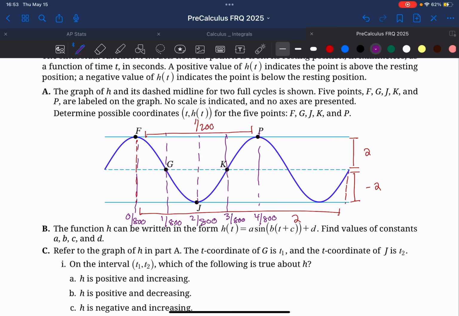Okay. So once I have all of those labeled, I'm able to now depict what each of these points would be. So starting with F, I know F is going to be 0 comma 2. G is going to be 1/800th comma 0.